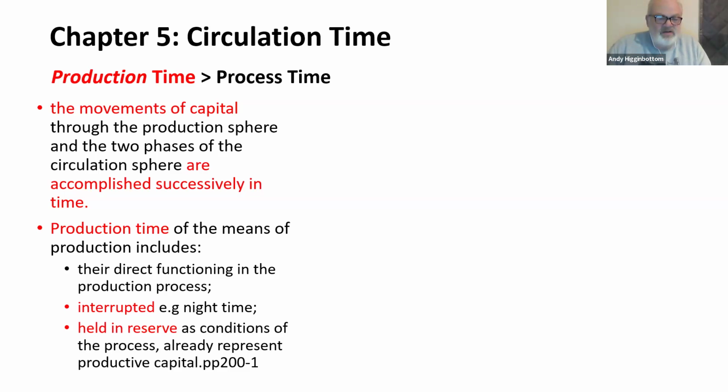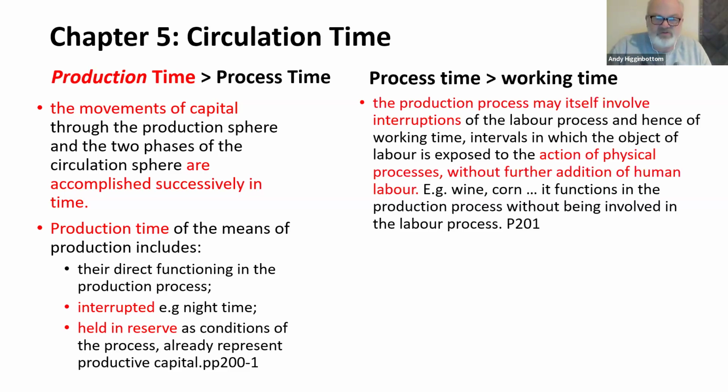Okay. You think of another category, which is, you're going to need some stocks. You're going to have those cotton bales coming in. They're piled to one side, and they're not actively in use until they're ready to be put to use, right? So there's going to be interruptions in the production process. There's interruptions of a very particular type, which Marx brings out, especially if the production process uses natural processes.